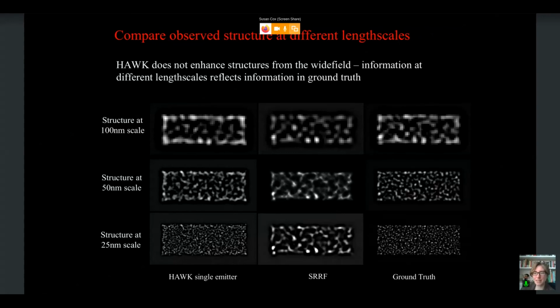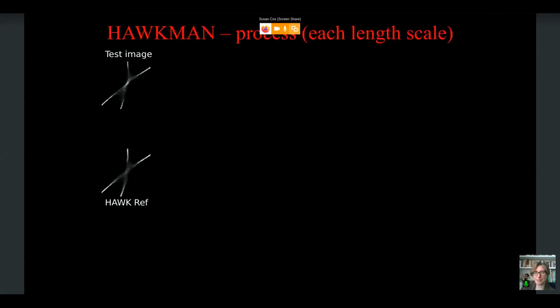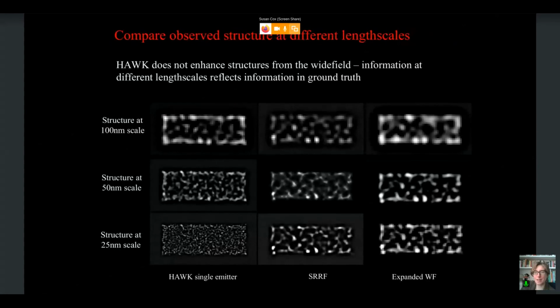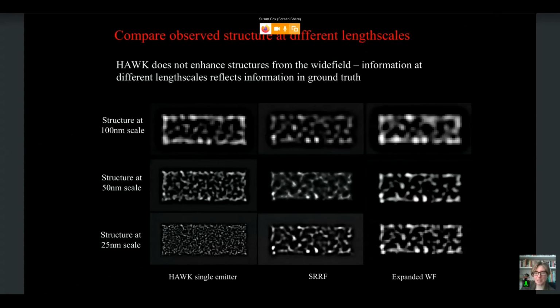But we then reproduced what Squirrel does. Instead of the ground truth, we looked at the expanded wide field of the SURF, of the artificially sharpened image. And what we found was that the ground truth is less similar to the SURF than the expanded wide field.